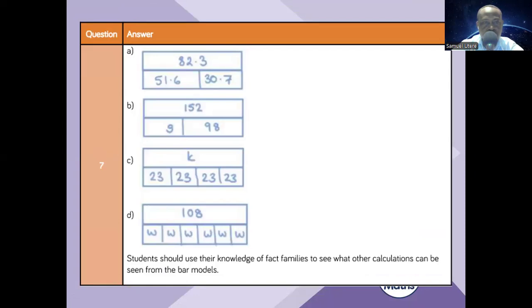Okay. All right. This brings us to the end of our lesson. So what have we learned so far? We have learned that you can write facts from bar models. And these facts are going to be useful as we explore solving algebraic equations.